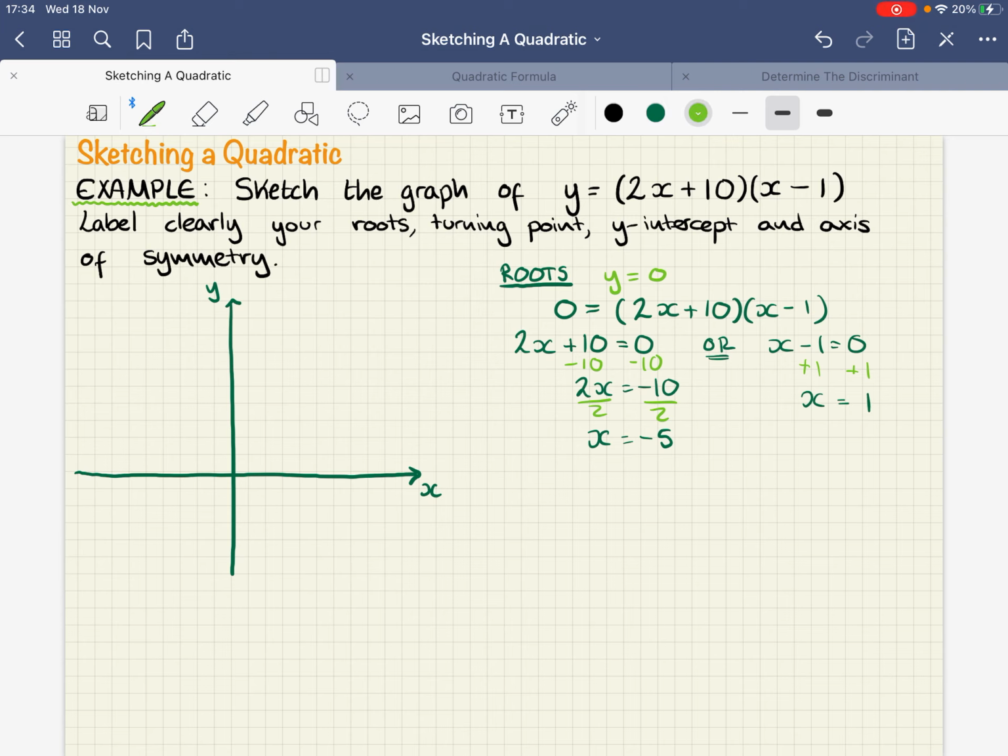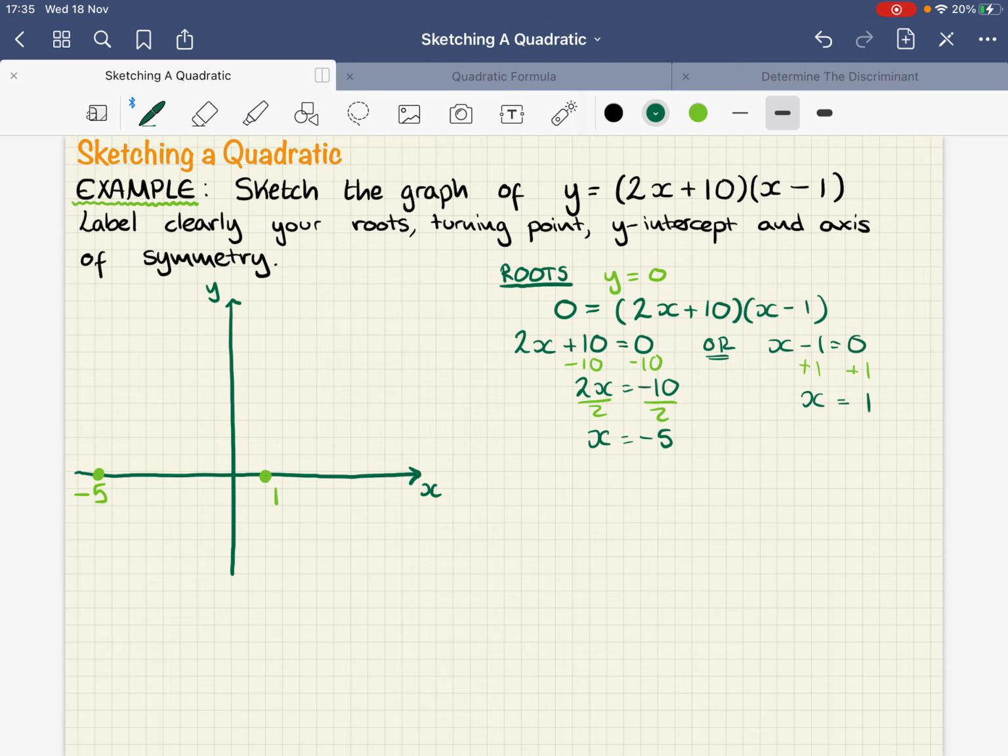So the points where my parabola is going to cross the graph is somewhere around x equals minus 5, and I'm just going to label that there, and somewhere around x equals 1. So I've got my two little roots labelled on.